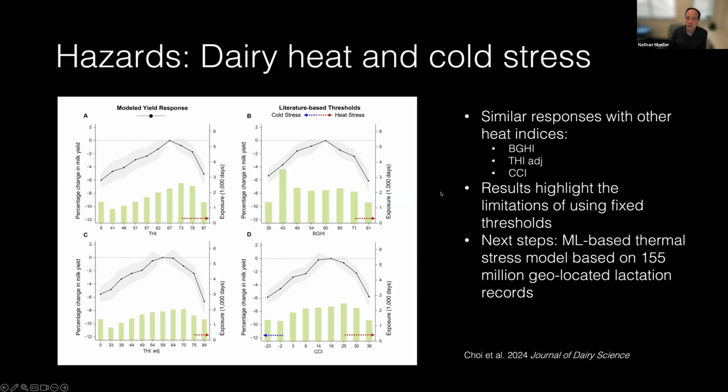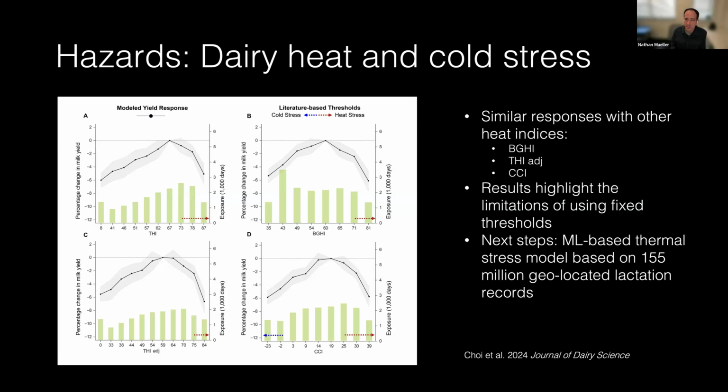So our next steps with this is that we are trying to use machine learning to create a thermal stress index. Sometimes when you use these indices, it's hard to tease apart the influences of different components.